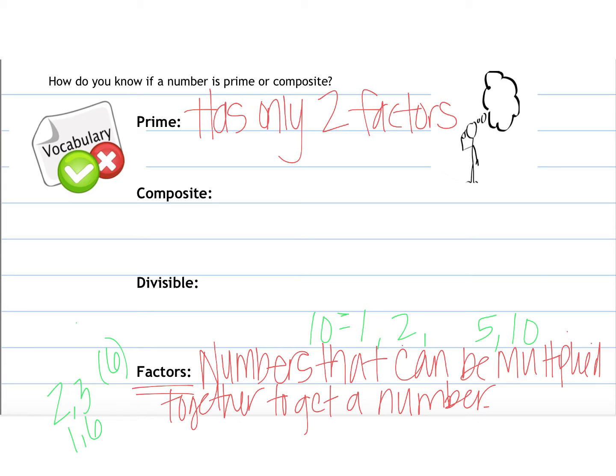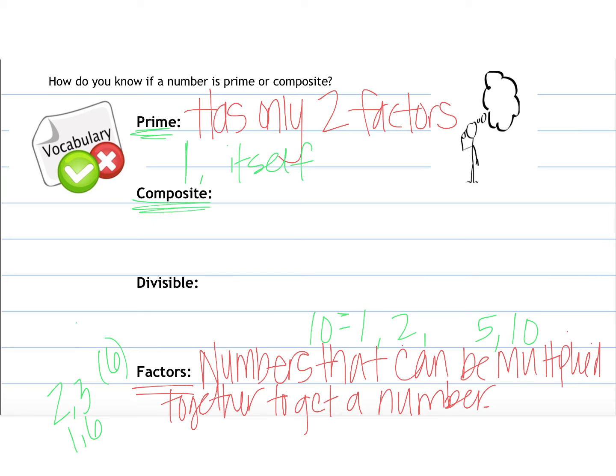So 1, 2, 5, and 10 are factors because each number can be multiplied by something else to get 10. So a prime number has only two factors, one of them being 1 and the other being itself. That means that no other numbers can be multiplied together to get that number, only 1 and itself.